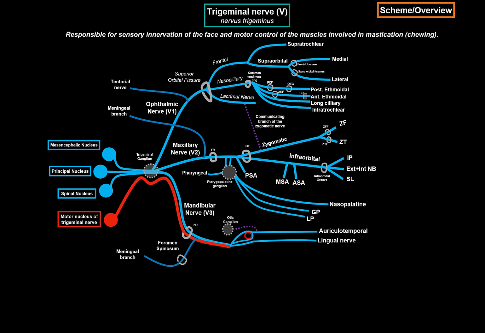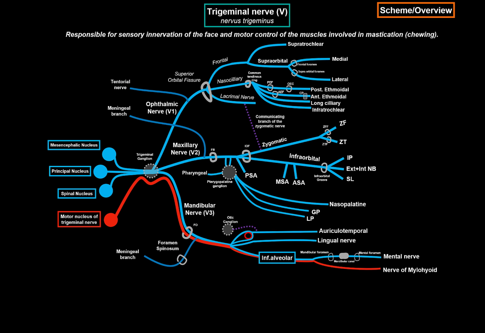There is a lingual nerve, which is sensory for the anterior 2/3 of the tongue. There is the inferior alveolar nerve, which splits into the nerve of the mylohyoid muscle. The sensory part enters the mandibular foramen and reaches the mandibular canal. Within the mandibular canal, it gives off branches to supply the teeth of the mandible, hence the name inferior alveolar.